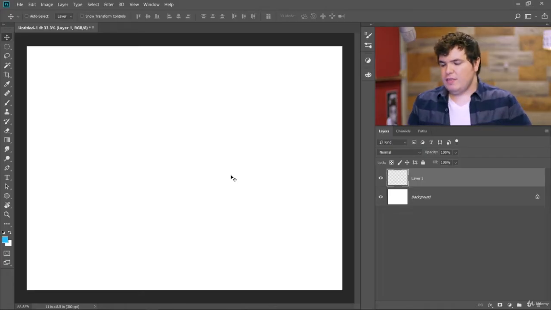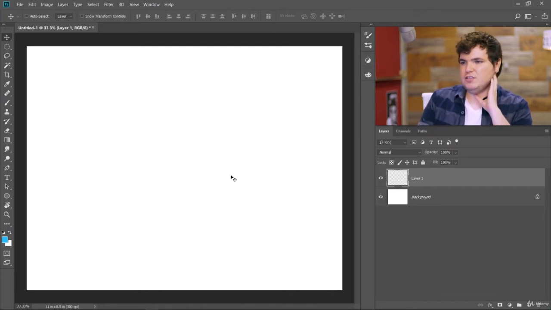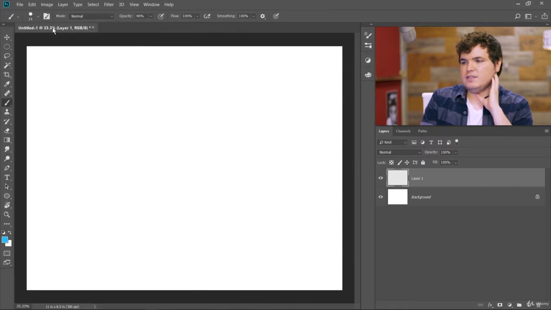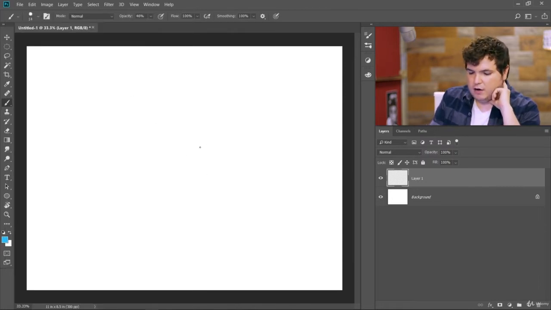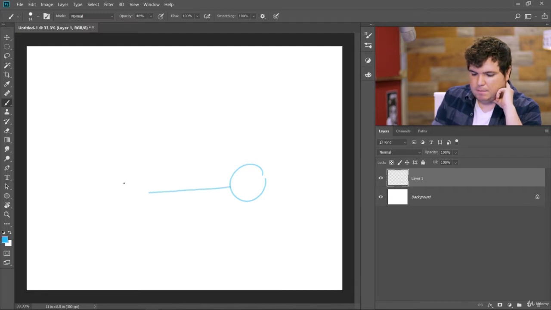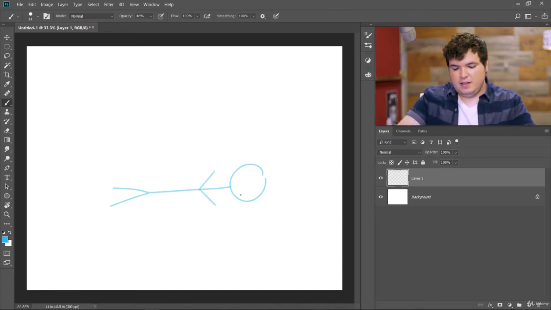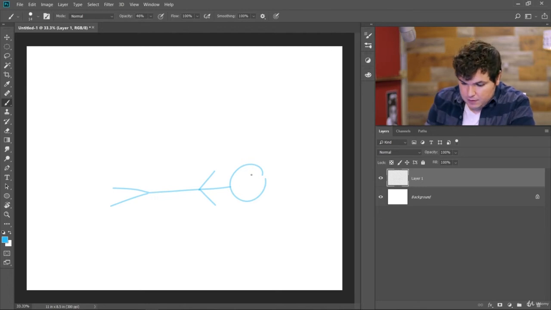So the idea I've had for this image is to have a sort of underwater scene where there's a guy falling through the water, falling down through the water like this. So it's going to look like he just kind of fell into the ocean.